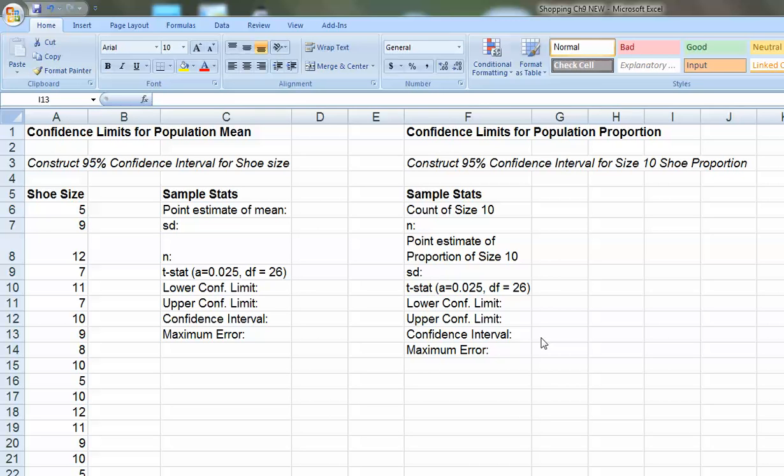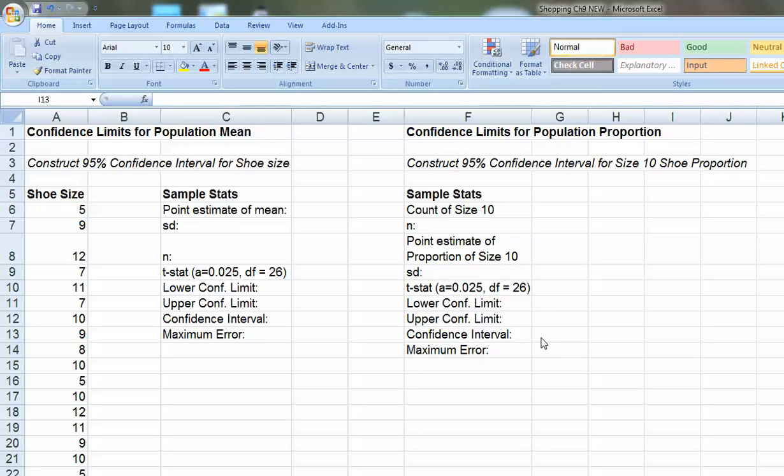If I knew what sigma was, and what is sigma? Sigma is the population standard deviation. It is the true standard deviation.